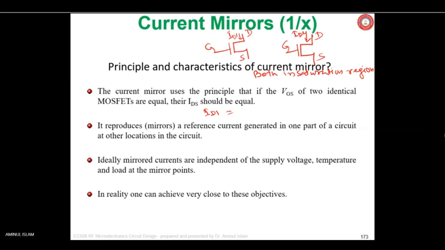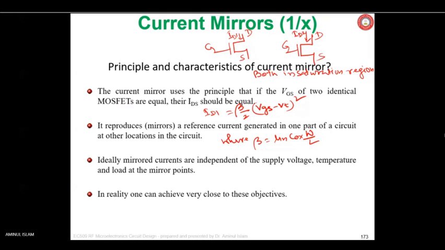Are you remembering? It is beta by 2 into (VGS minus VT) whole square, where beta equals mu n Cox W by L. Is it not? Yes or no? Yes, sir. So this is the equation.